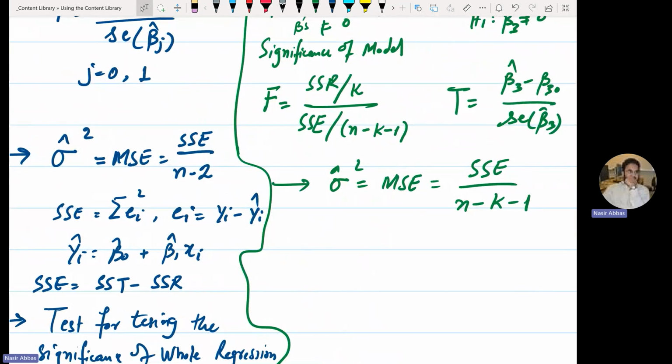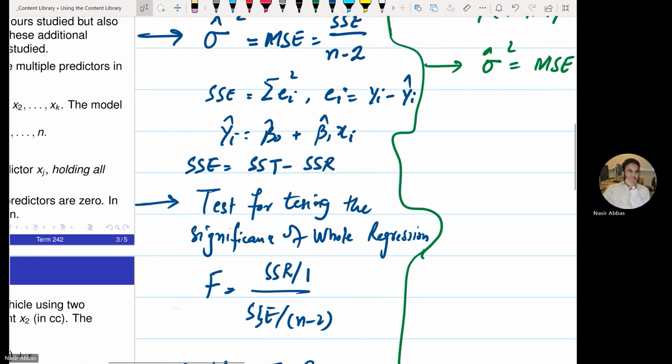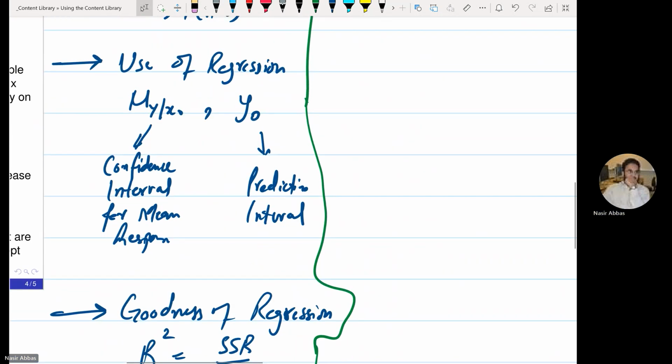Again, there will be a shortcut method, or you can use this equation to get the SSE from the full method. Again, this testing for the whole regression is already covered up there, right? Then what did you do?